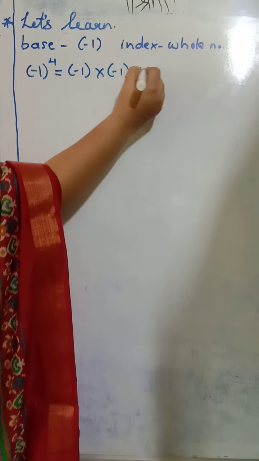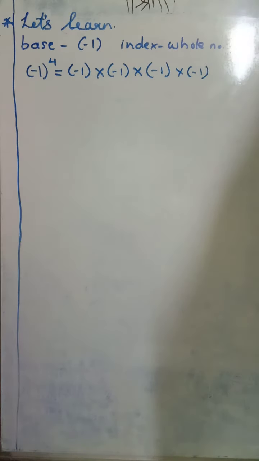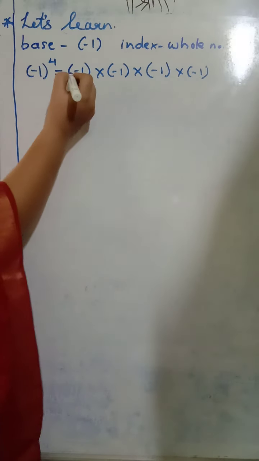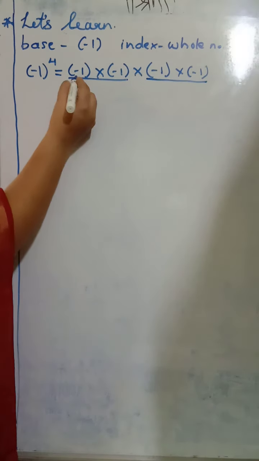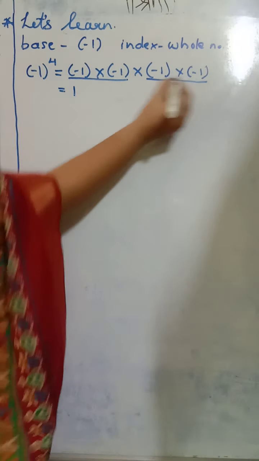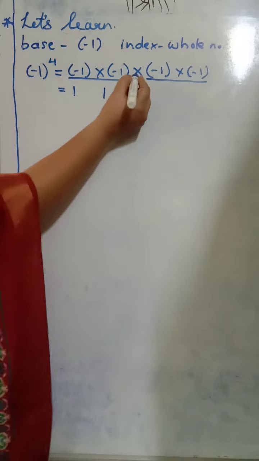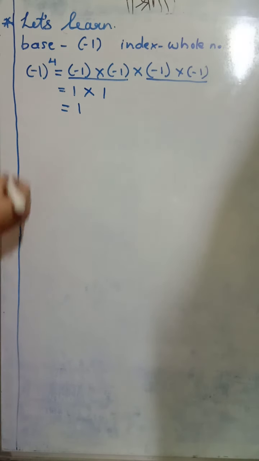We will write -1 multiplied 4 times, because our power is 4. Now if we carry out the multiplication, I will first do this and then this. Negative 1 multiplied by negative 1 is 1. Negative 1 multiplied by negative 1 is 1. And both are multiplied, that is 1 times 1 is 1.